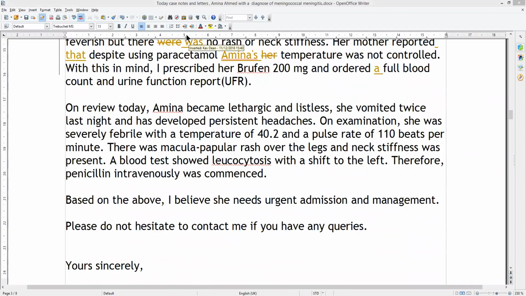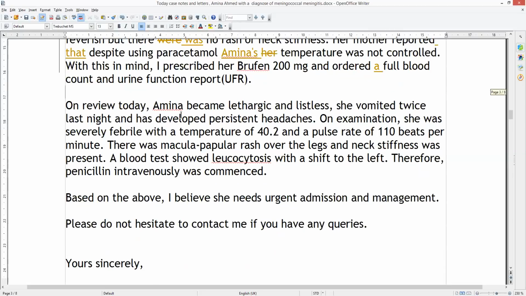Okay. On review today. Now, okay. Became, now this implies that while she was in the examination room, she became lethargic. Now, that could be the case, but I think it's more likely that when she came, she was already lethargic.